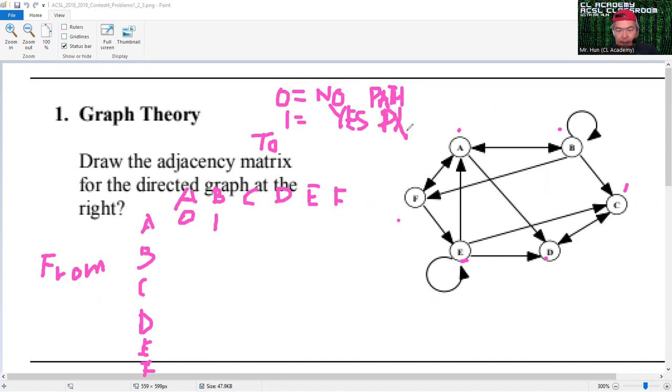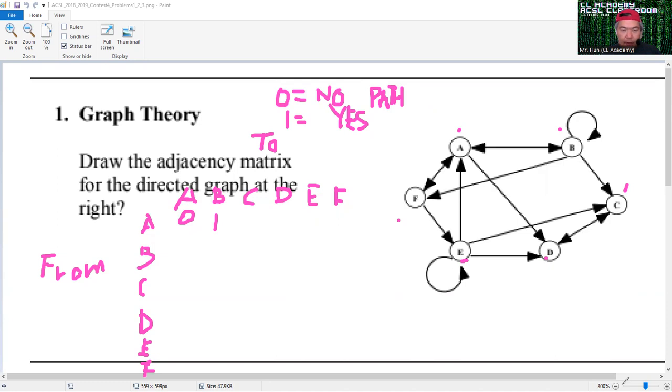I'm sorry, I'm trying to write with the mouse and it's pretty difficult to do that. Okay, 0 means no path. 1 means yes, there is a path.